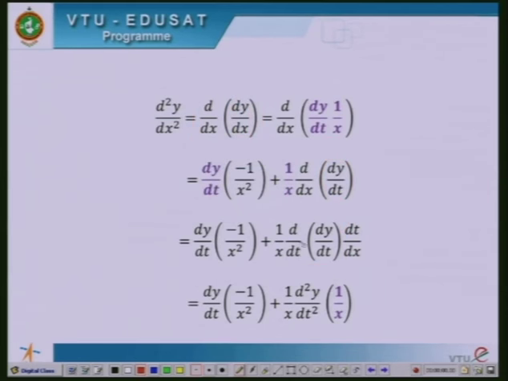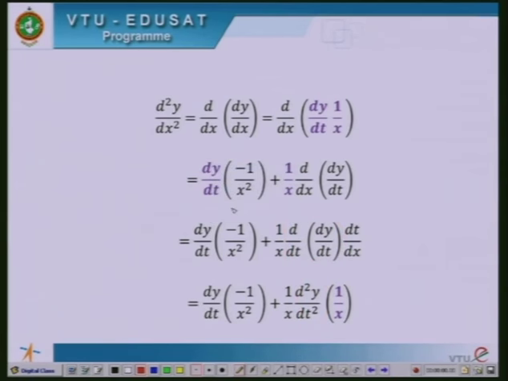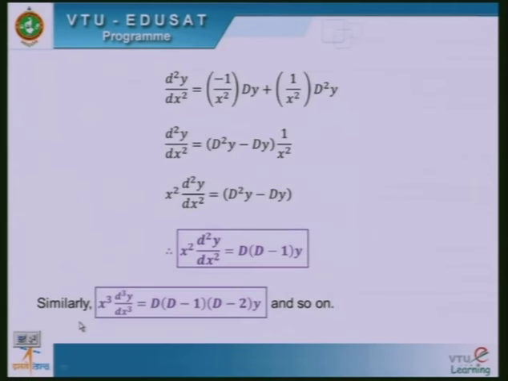That gives d square y by dt square, and dt by dx is 1 by x because t equals log x. Now I will write this d square y by dx square in terms of d square y. So I am denoting d as d by dt. With this, you can see I have written d here.